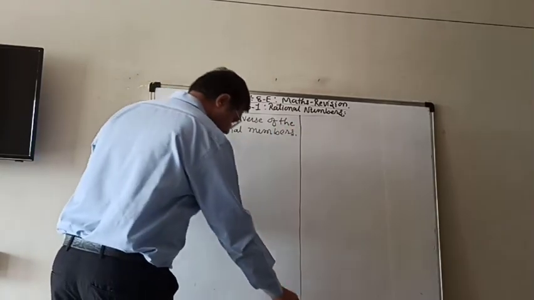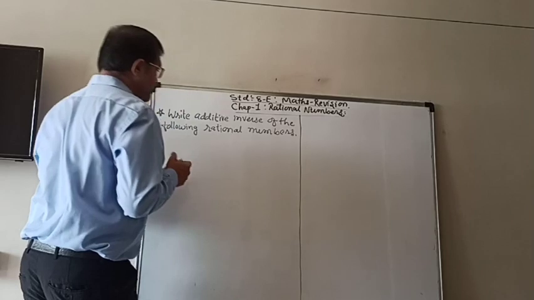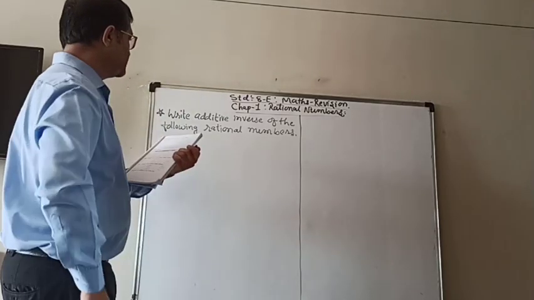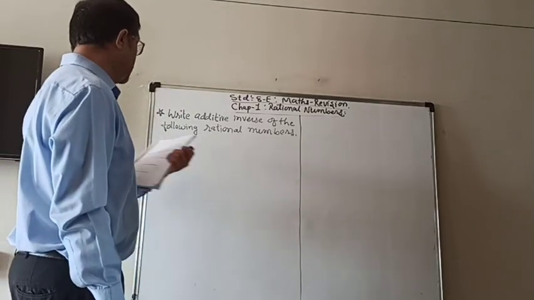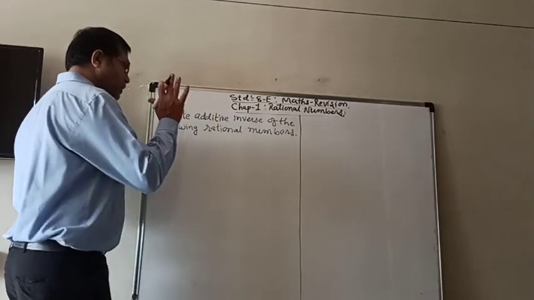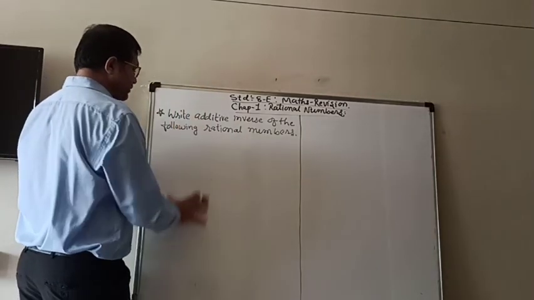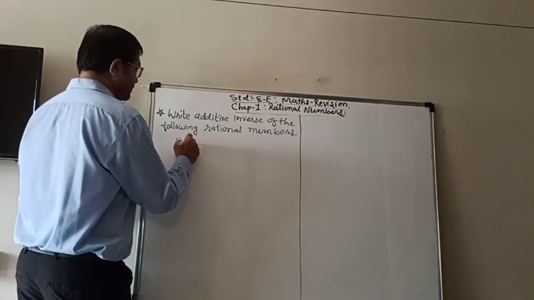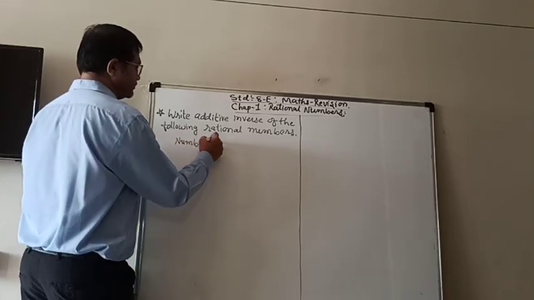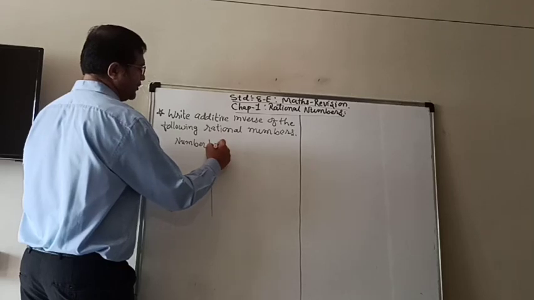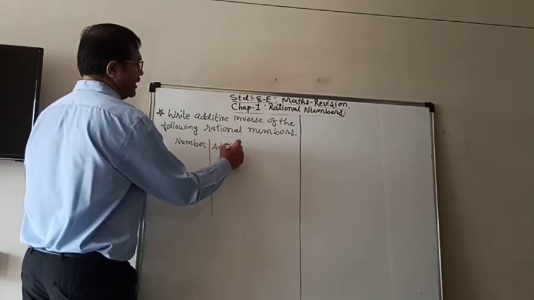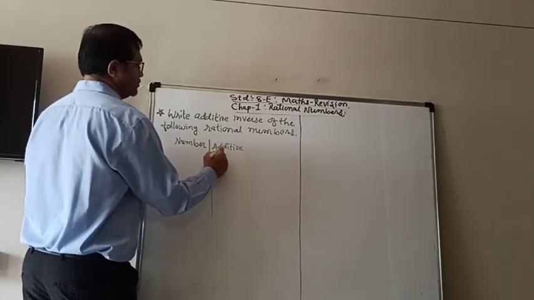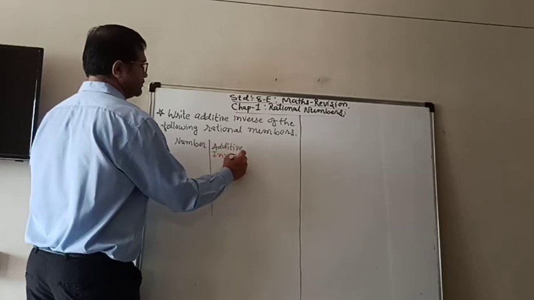So here some rational numbers are given. We have to write down the additive inverse of them. In this situation, what will we do? We will make two columns: number and opposite, additive inverse.